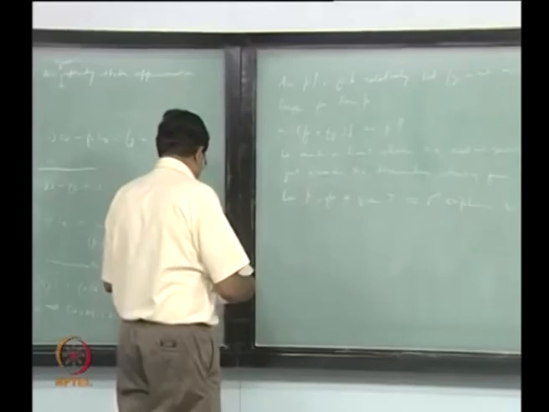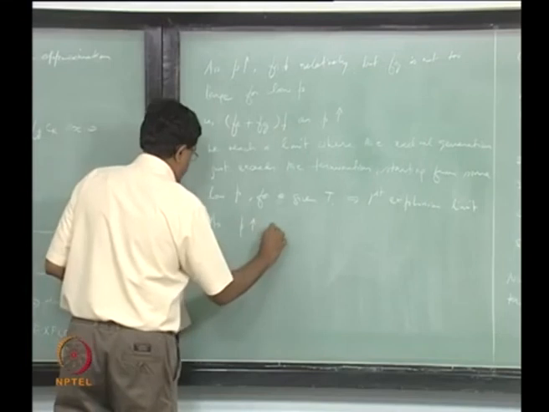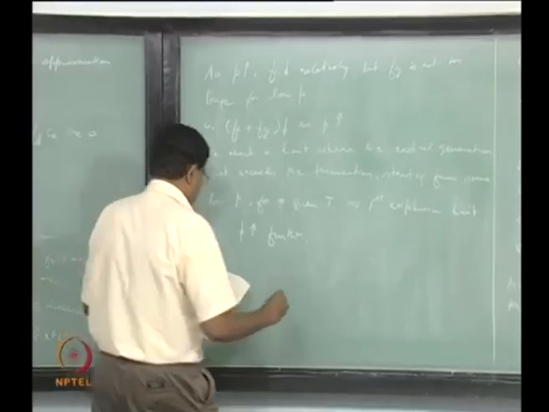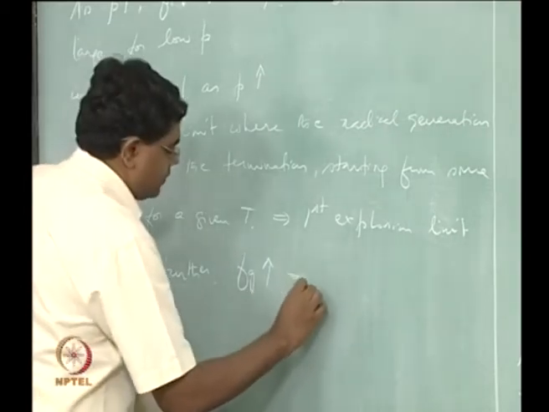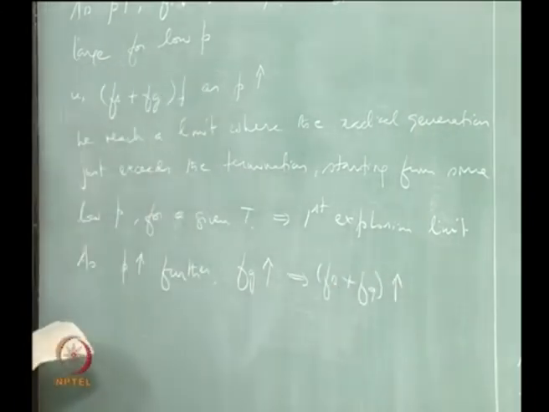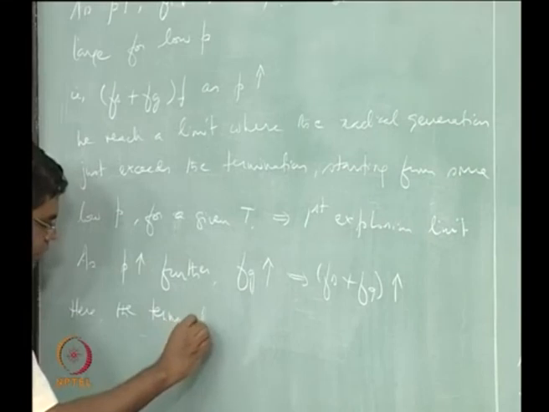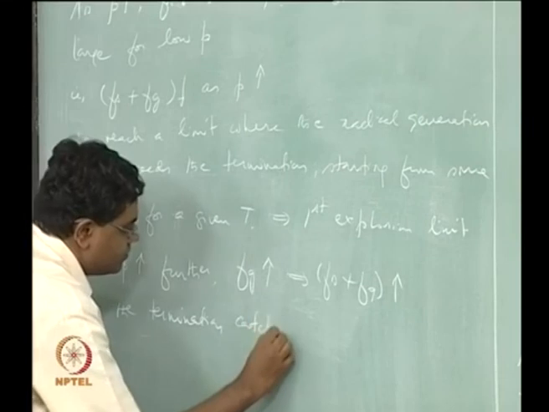So as pressure increases further, Fg increases, which implies Fs plus Fg increases, and here the termination catches up with the generation.